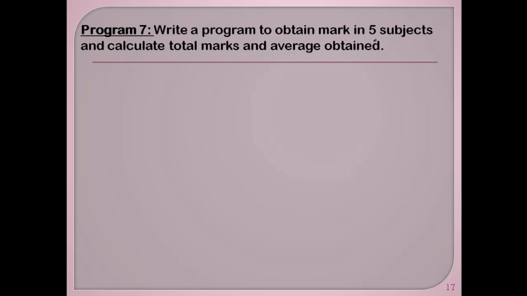Next program is to obtain marks in 5 subjects. We have to input the marks in 5 subjects. Marks of 5 subjects should be accepted from the user and the total mark and average obtained calculated. So in this program we have to accept 5 inputs. I will show the code.